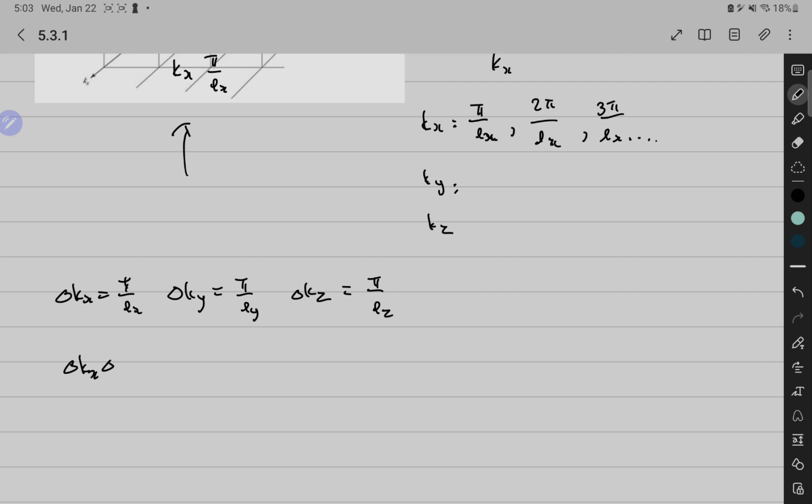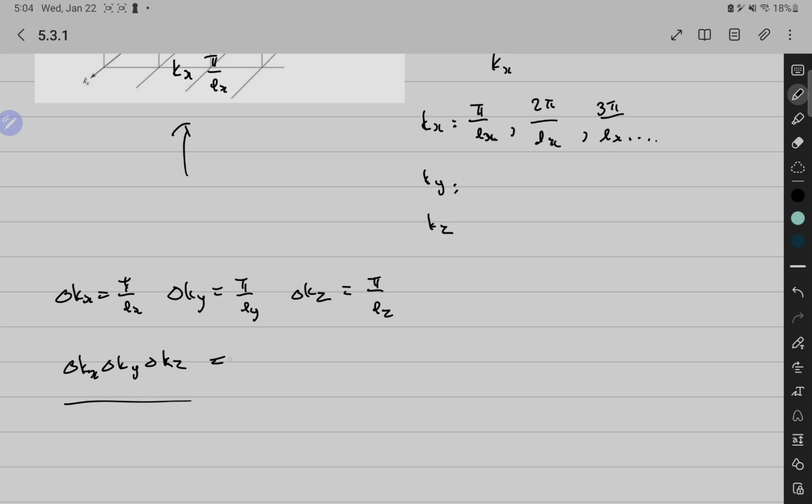is you just multiply the kx, ky, and kz steps, similar to how the volume of a 3D rectangular solid is length times width times height.